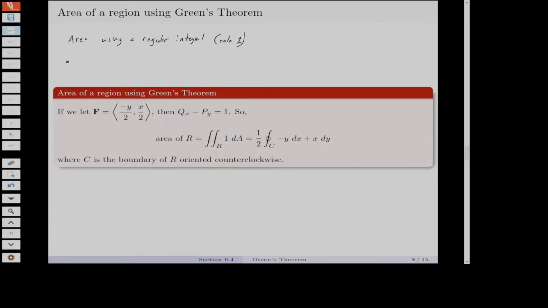We can find area using a double integral. Right? We did that back in chapter 5. We did a double integral of just 1 dA. And now we can do an area using a line integral.